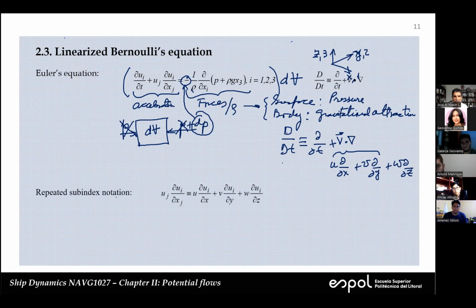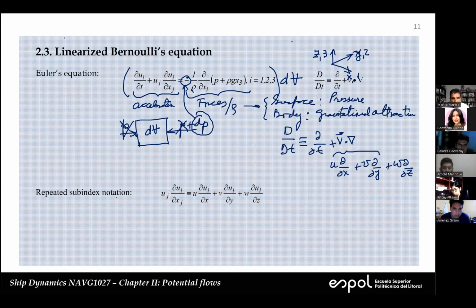Now, another thing which is very interesting in fluids is that they usually apply what they call the repeated subindex notation. What does that mean? If in a term one of the indices repeats, that doesn't indicate that it is one single term. That indicates that you have to consider as a summation all the possibilities for that index.